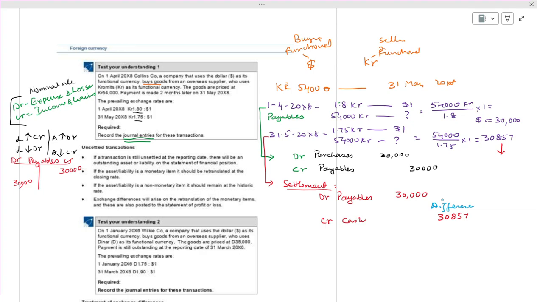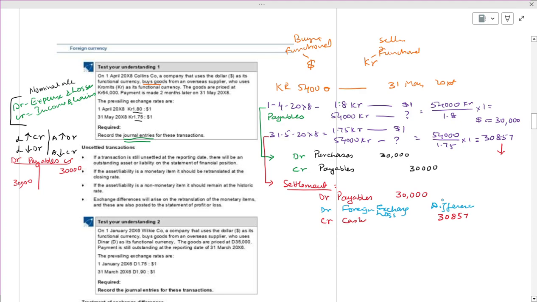If you are paying more, will it be gain or loss? Loss. The rule says debit expenses and losses. So what we have to do is debit foreign exchange loss.